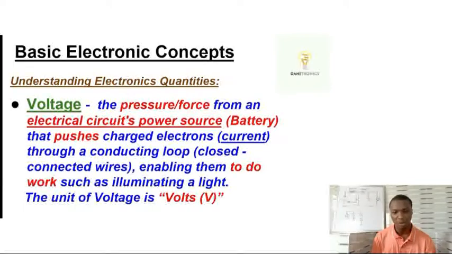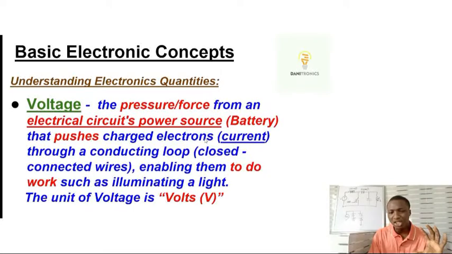Understanding what voltage is. I'm sure many of us might have heard the word voltage at one point or the other. But voltage is just referring to the pressure or the force from an electrical circuit's power source. That means the pressure or the force that comes out of a battery, as it's seen here, that pushes charged electrons. Those charged electrons are referred to as current.